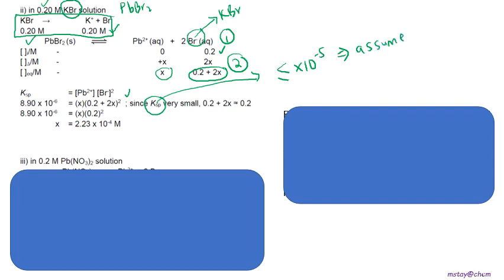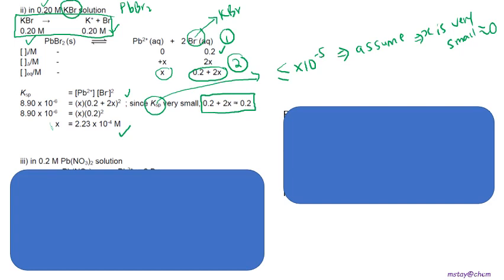So when we assume, it means that we assume x is very small, almost equal to 0. When this happens, 0.2 plus 2x will equal 0.2. Then press the calculator, and you will notice that the molar solubility of PbBr2 in KBr is 2.23 exponent negative 4.